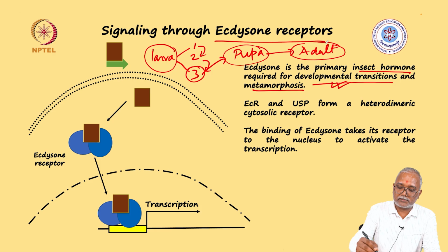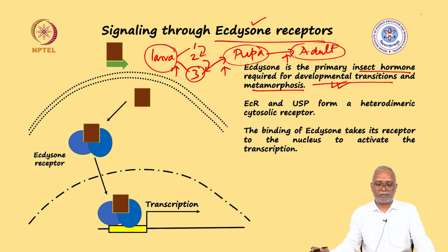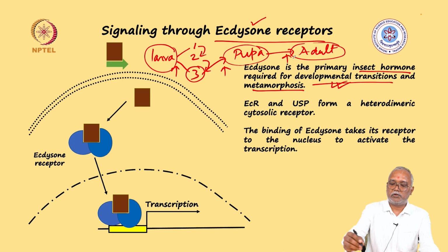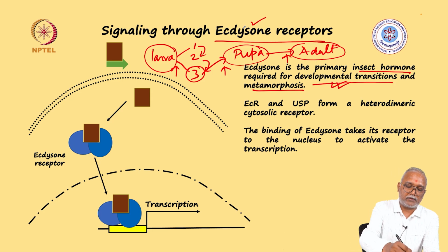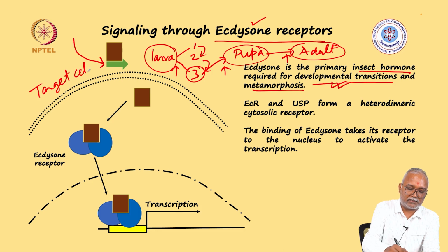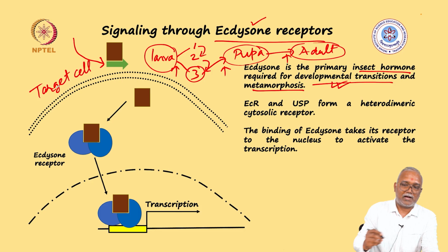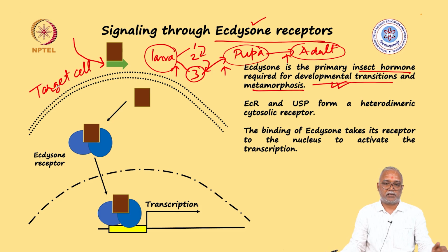So you will need a surge of this hormone ecdysone at different time points to ensure that proper development of the organism happens. So this hormone is synthesized in some other glands in these organisms, but it needs to be carried to the target cell. You remember this concept of target cell, because in the signaling, the target cell is the one which is doing the signaling.